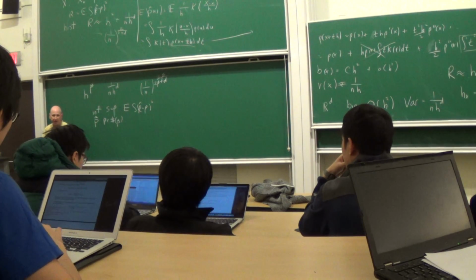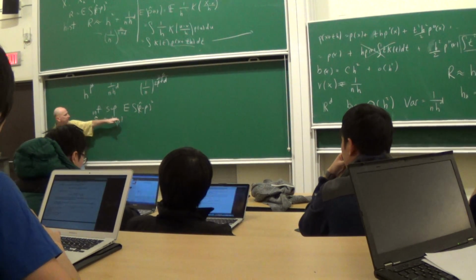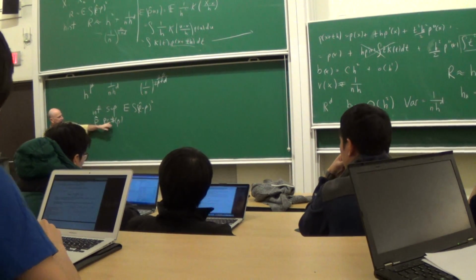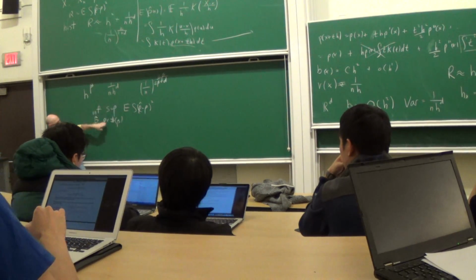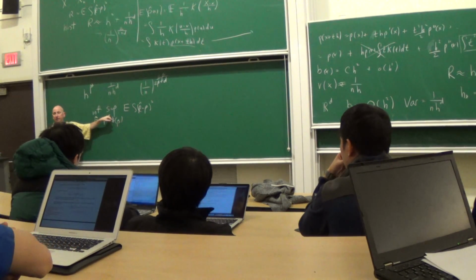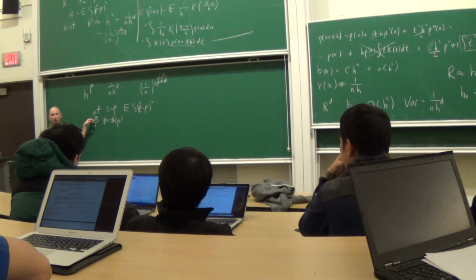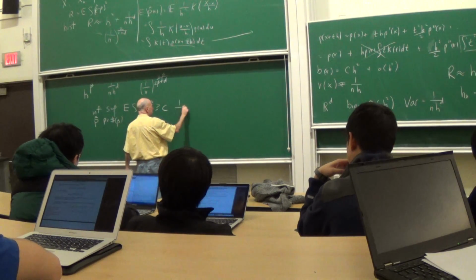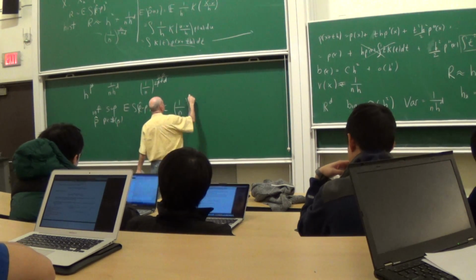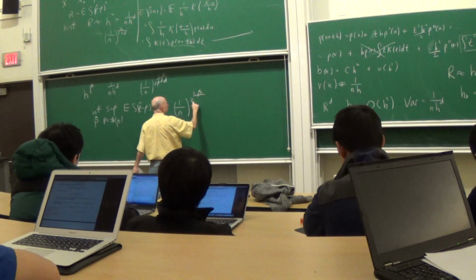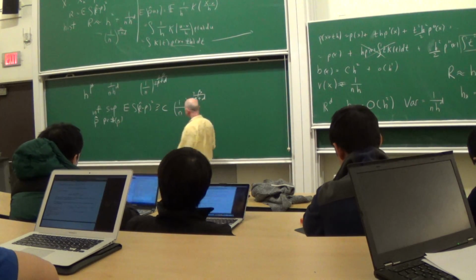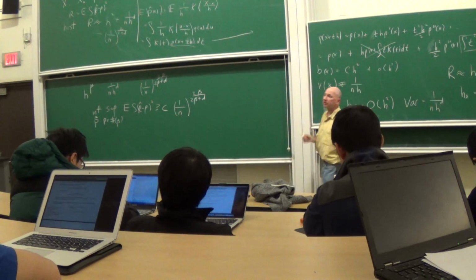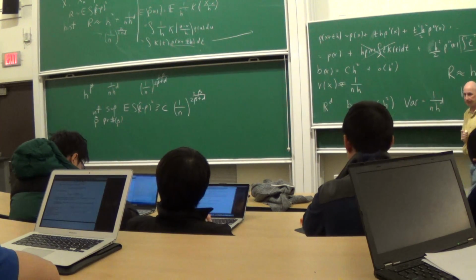You give me an estimator, p hat, and I take any density p in the class and compute its risk, and now I ask, what's the worst case risk, the sup? And now I say, what if I were to minimize it over all possible density estimators that exist? We would see that it's bigger than some universal constant. So at least up to rates, you can't do better than kernel density estimation.